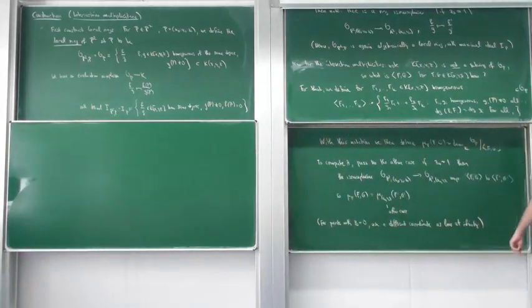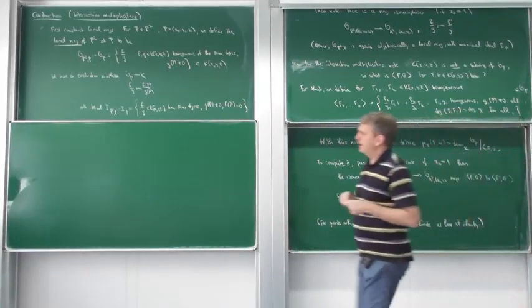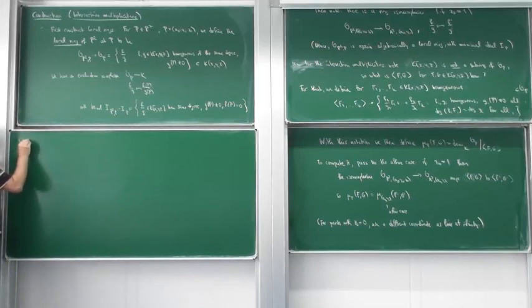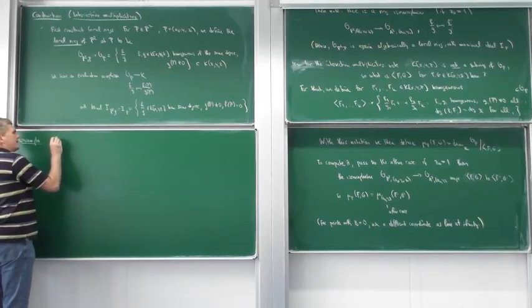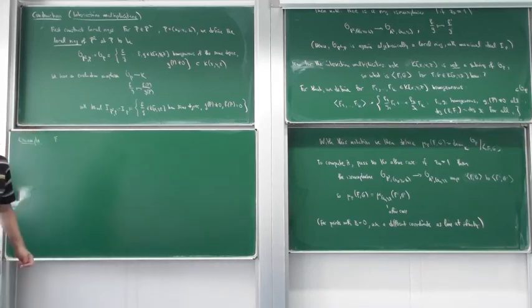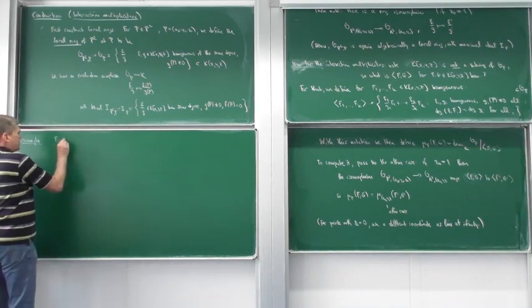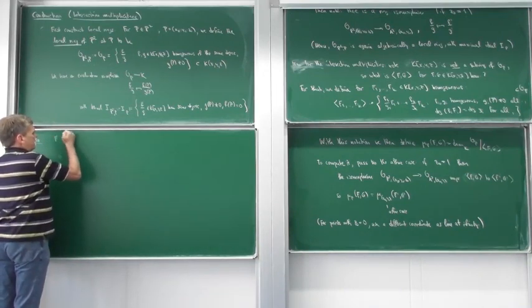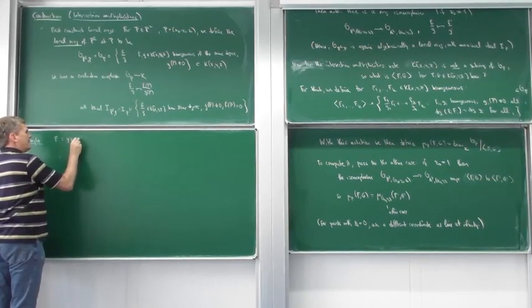So it's somehow like a big circle around the whole picture. For example, let's say our curve F is again yz minus x squared.